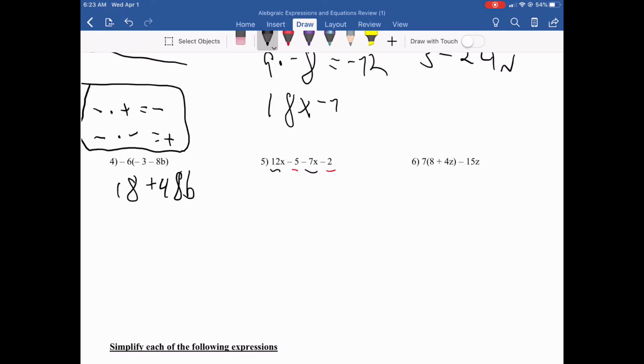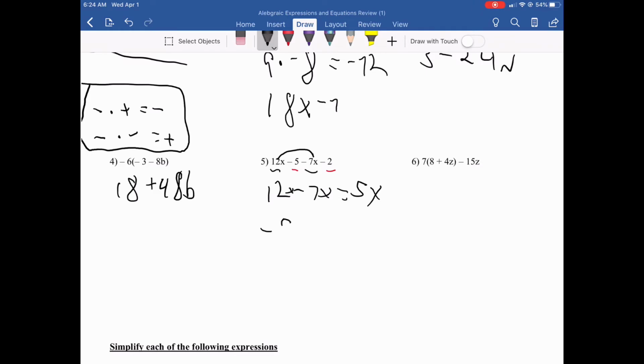The like terms have been pointed out. So now we're going to go 12x take away 7x equals 5x.